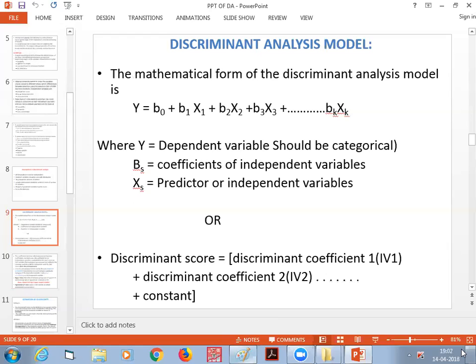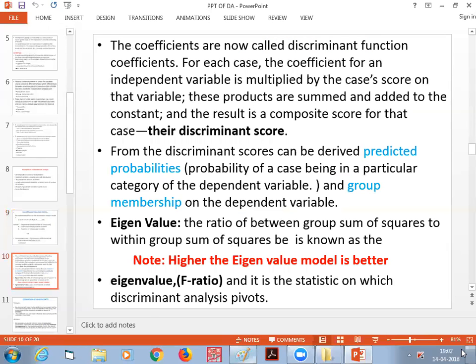Okay. Now, here in the discriminant model, what method is used to estimate the parameters? The coefficients are now called discriminant coefficients, whereas in the earlier regression model, we used to call them regression coefficients.